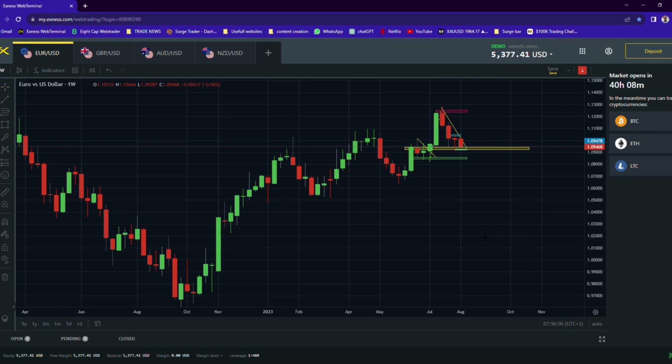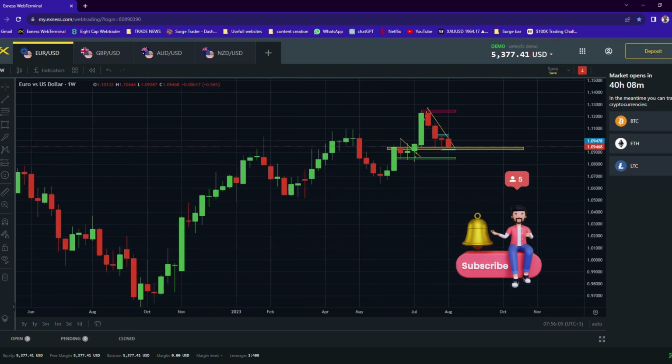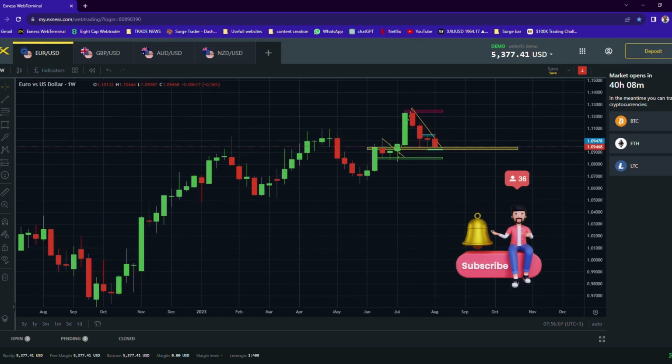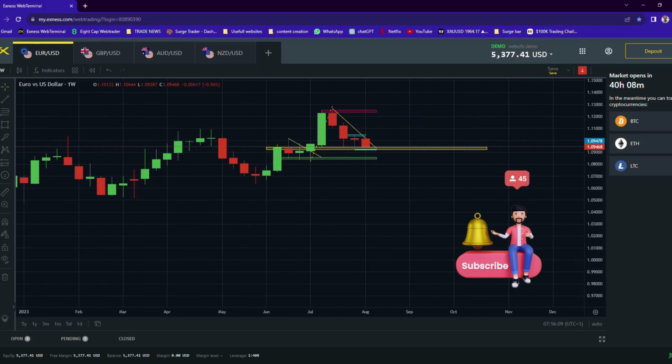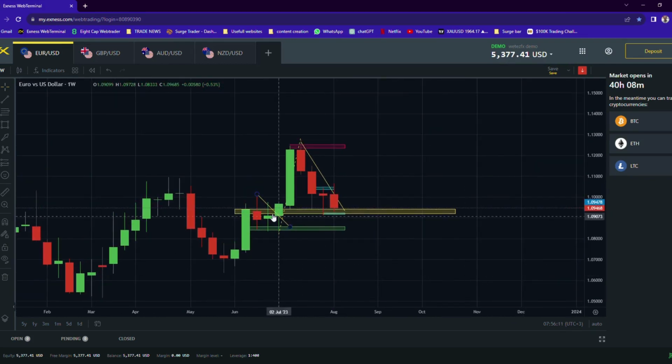So we're going to begin with Euro USD, and today I'm starting with the weekly time frame. As you can see here on the weekly time frame, Euro USD just came back to the resistance right there that was created a couple of months back. I think it was in June. This resistance was created in June and it was broken again.